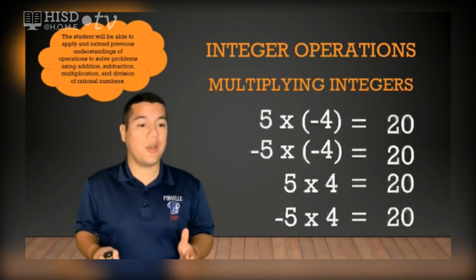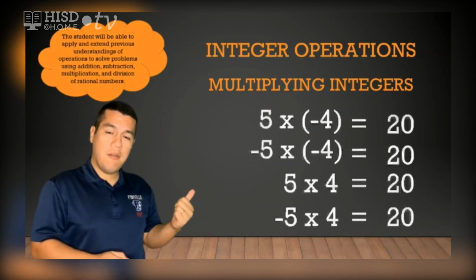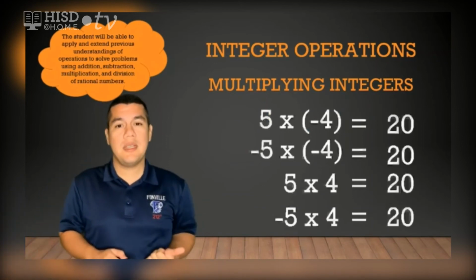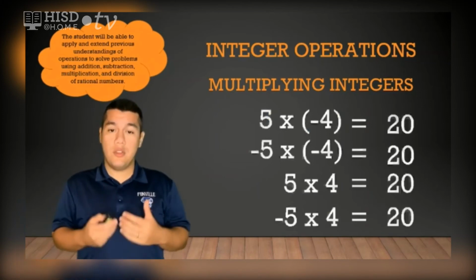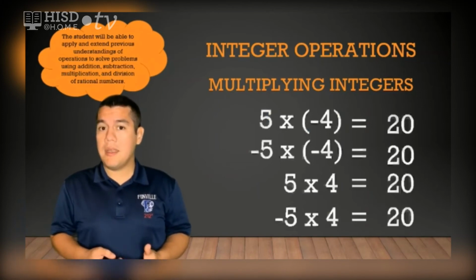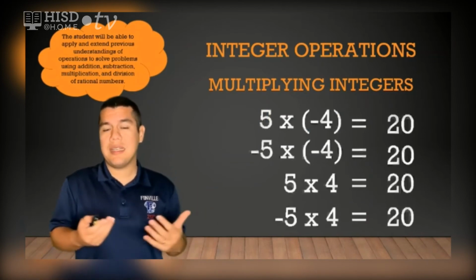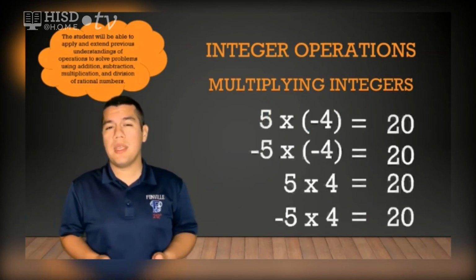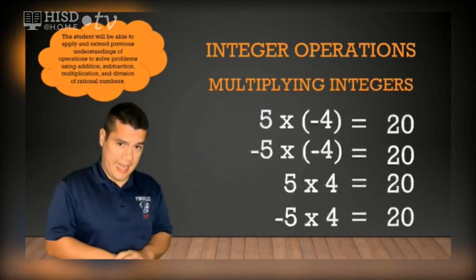So let's get started. If I multiply a positive 5 times a 4, I know that the result is gonna be 20. The complication comes when we have different signs involved. And that's what we're trying to explore in this exercise.